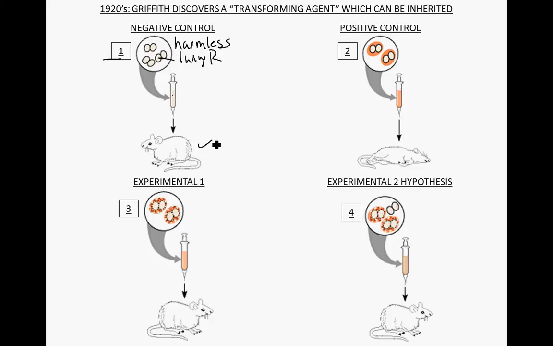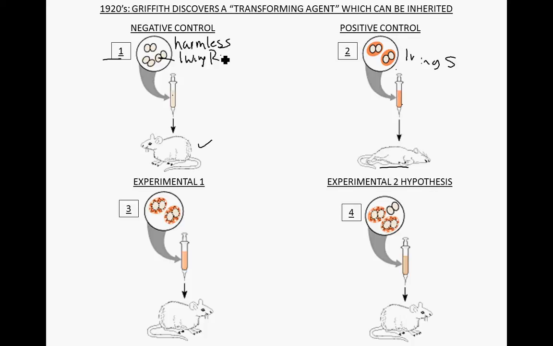No problem. This was what he was expecting to see. He then does a positive control where he takes living S, which is the harmful one, injects that into the mice, and the mice die. He knows, okay, I'm dealing with living S, which is harmful, and living R, which is harmless.